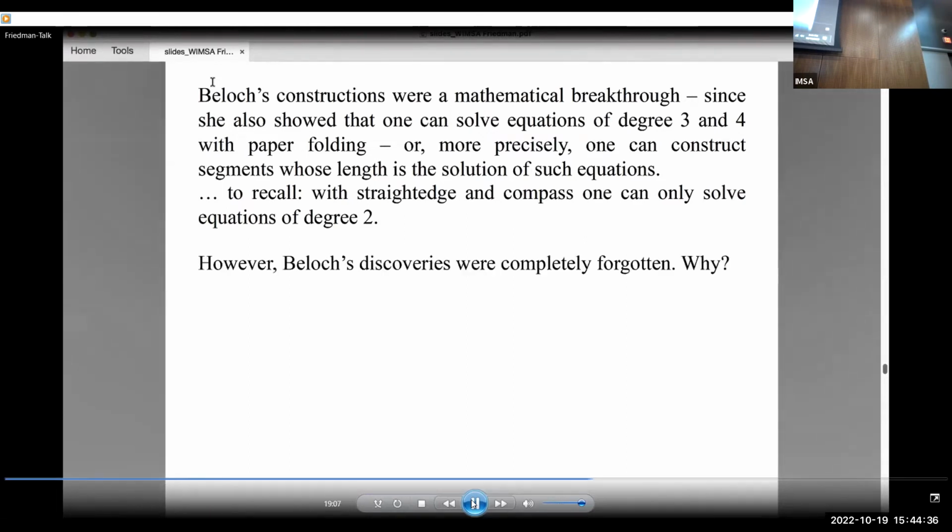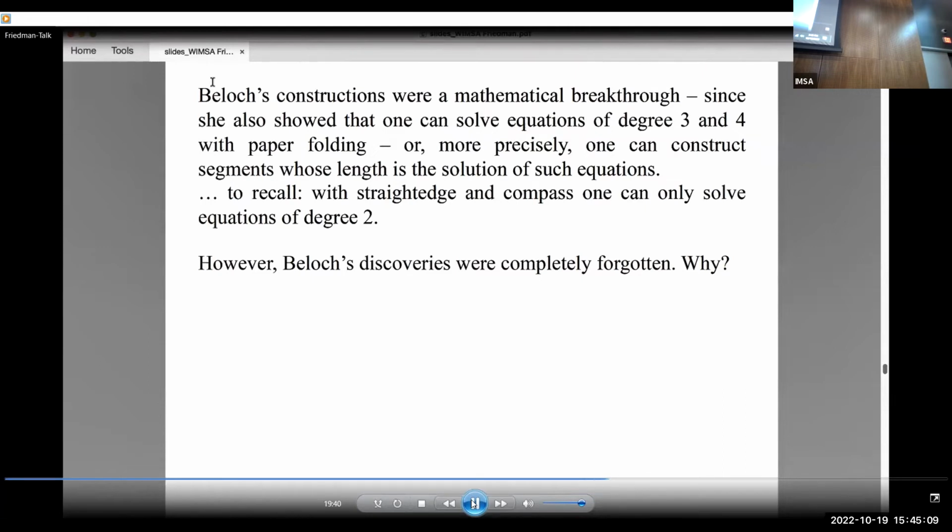However, Beloch's discoveries were completely forgotten. A simple explanation would be to say that during the 30s of the 20th century, when the construction of segments was not in the center of mathematical interest, Beloch was certainly making an exception. However, other reasons, as well as a more sociological, historical explanation, should be considered, given the fact that till 1988 there was no reference to Beloch's findings.